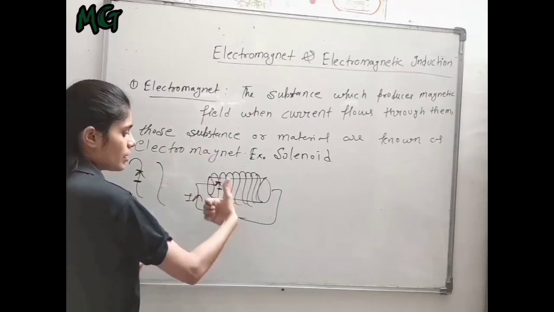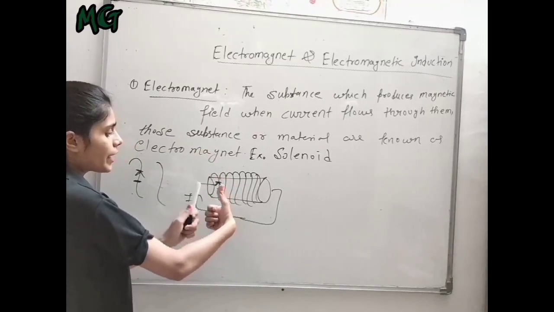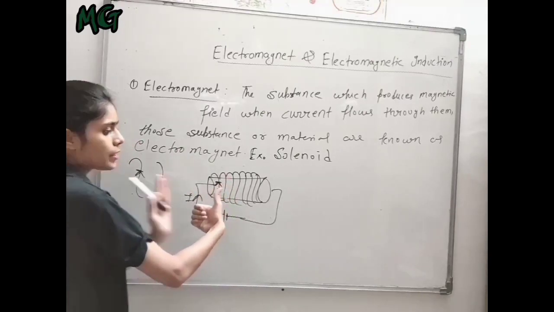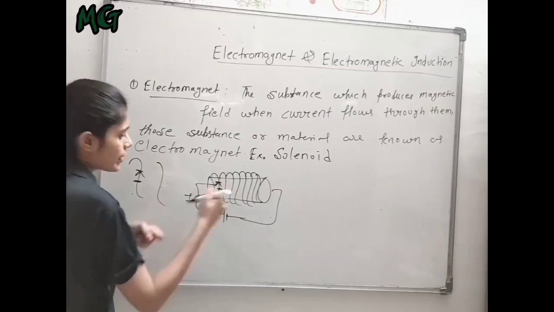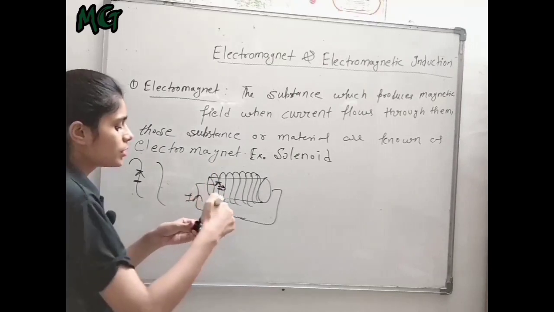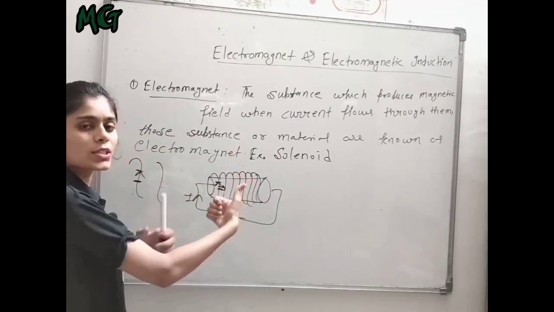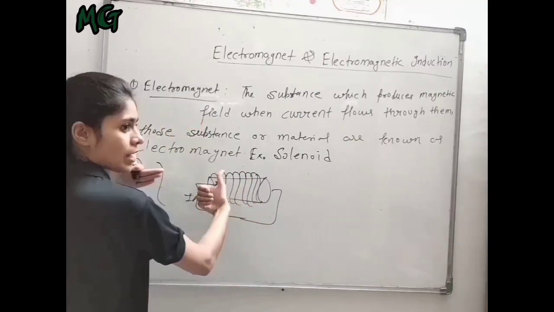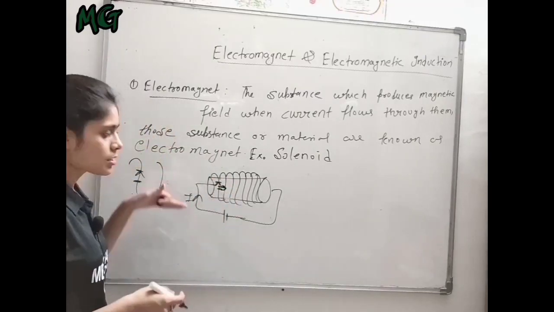If I set the thumb of my right hand in the direction of current, these curled fingers show the direction of the magnetic field. So in this case the curled fingers are going in this direction, that means the magnetic field direction is this.